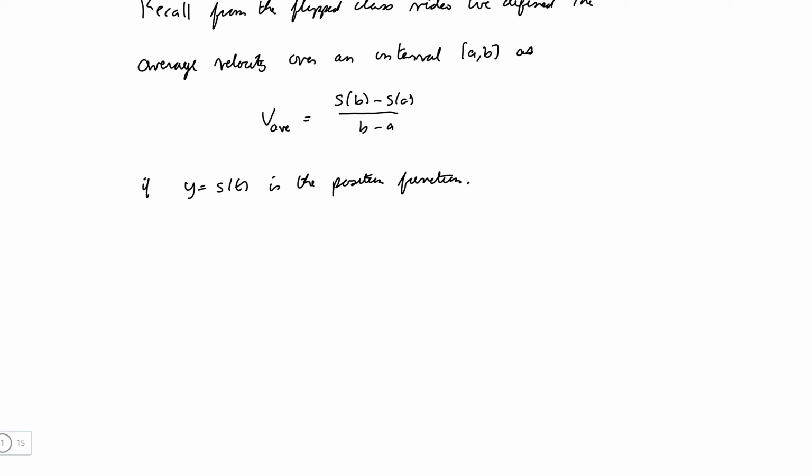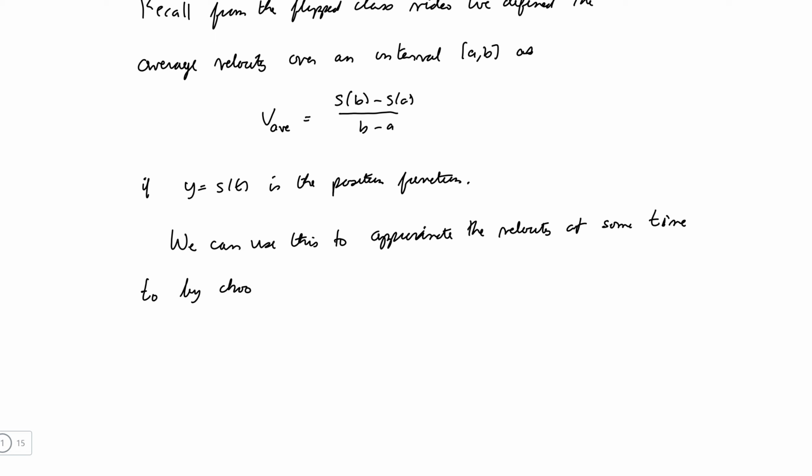What we can use this for is to approximate the velocity at some time t0. We use this by choosing an a and a b so that t is in that interval.